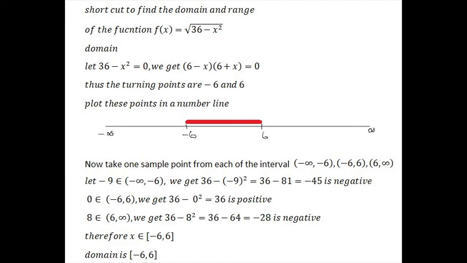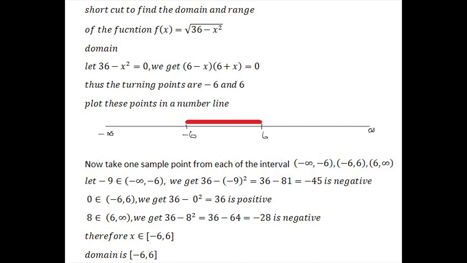Now we may use a shortcut to find domain and range. The same function, 36 minus x square greater than or equal to 0, factorize: 6 minus x into 6 plus x greater than or equal to 0. So the turning points which convert the expression from positive to negative or negative to positive are minus 6 and plus 6. Plot these points on the number line: minus infinity, then minus 6, then 6, then infinity.